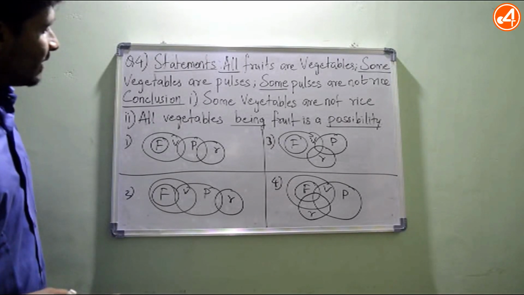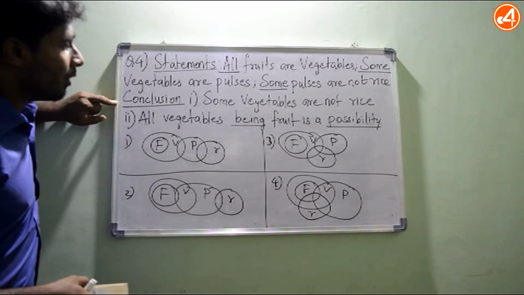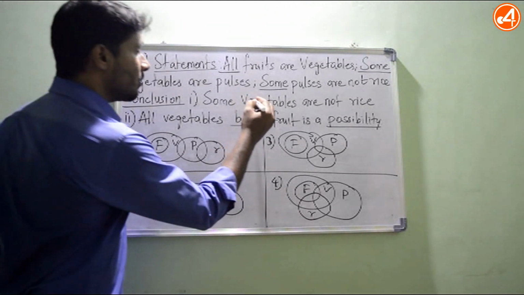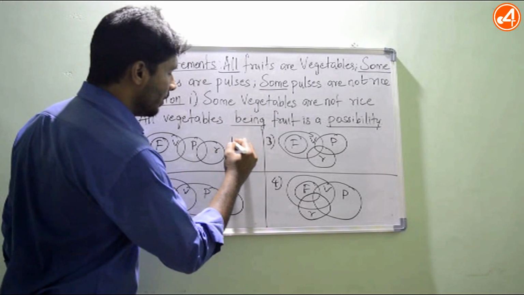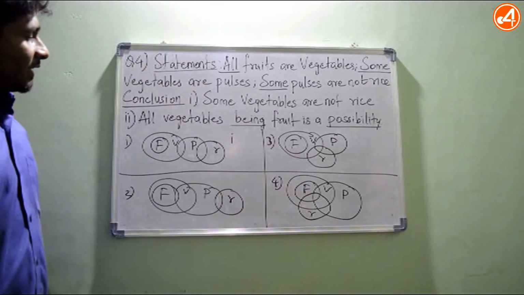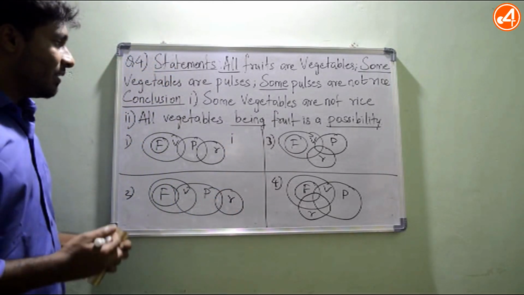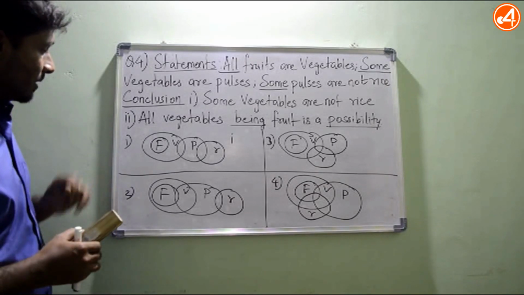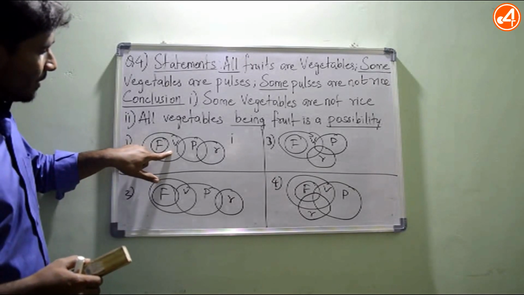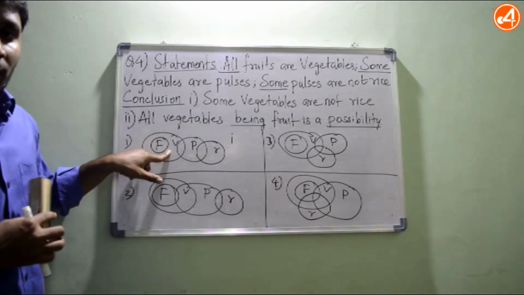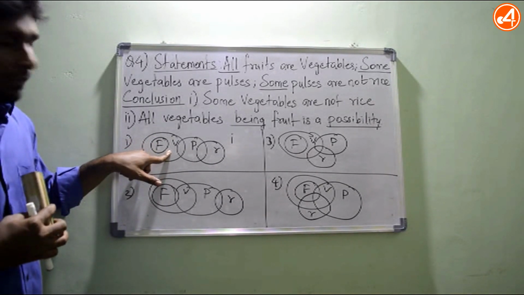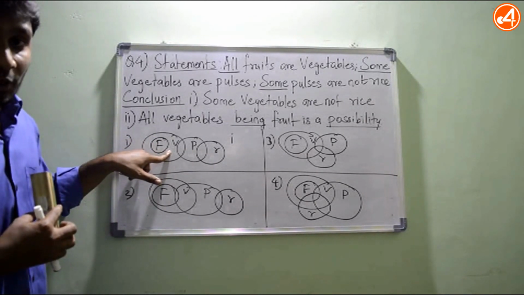The conclusion states that some vegetables are not rice. So can you check it? In the first diagram, is the first conclusion following or not, true or not? Some vegetables are not rice. Is it true or false? It's a dilemma question.